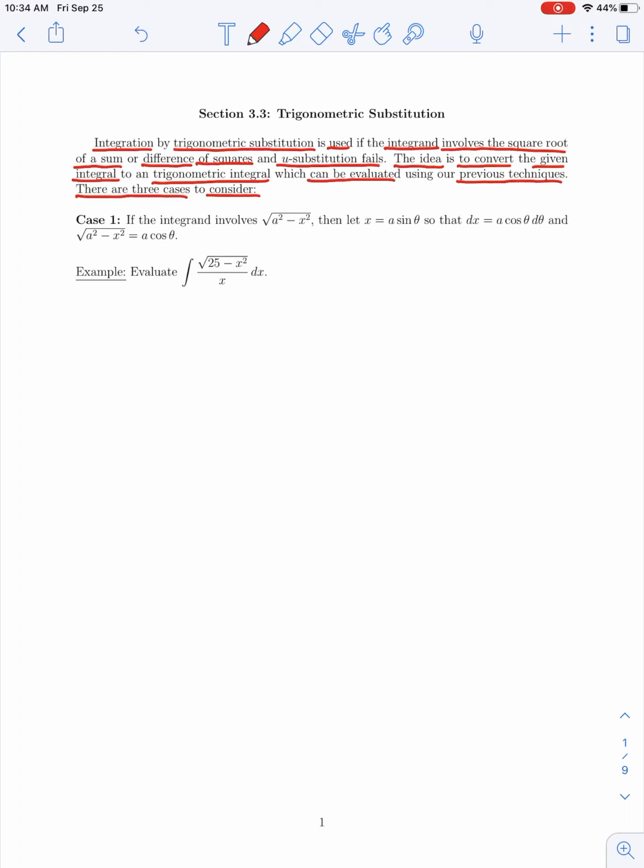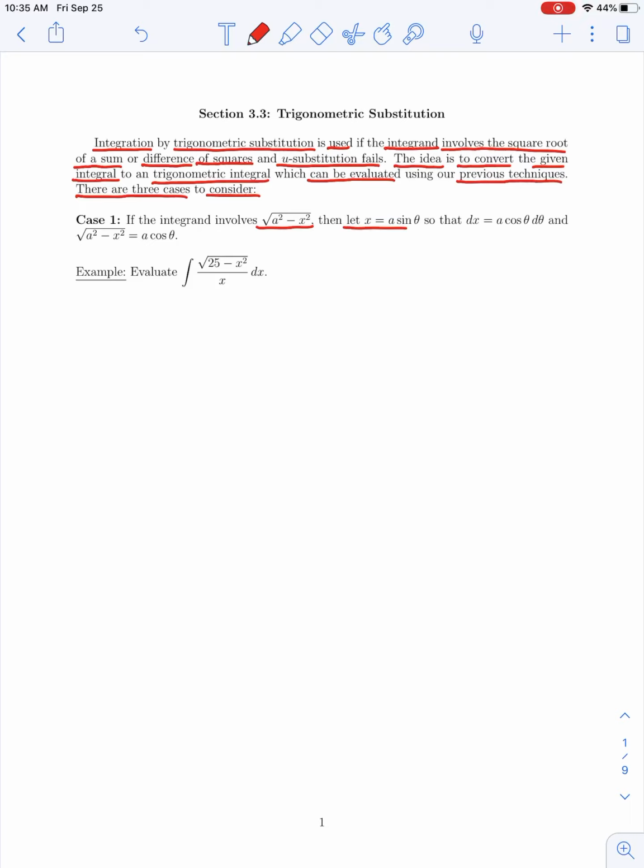Case 1 is if our integrand involves an expression of the form square root of a squared minus x squared, where a is just some constant. If our integrand involves this expression, then we're going to make a change of variables.